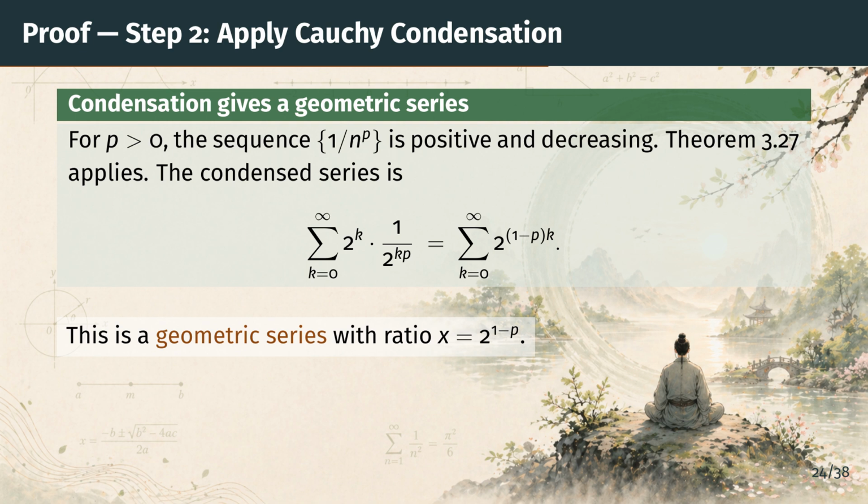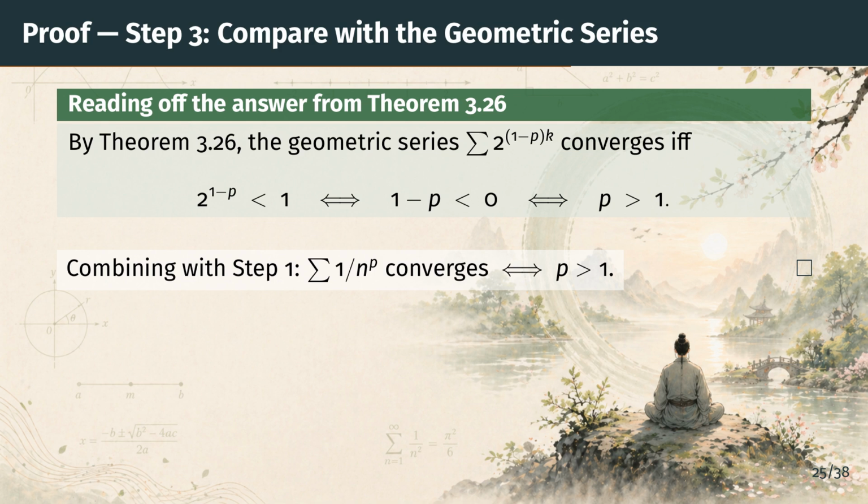The factor of 2 to the k out front combines with the 1 over 2 to the kp inside to give 2 to the power 1 minus p times k. So the condensed series is just a geometric series with ratio 2 to the power 1 minus p.